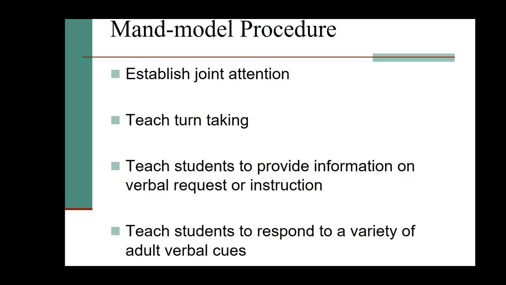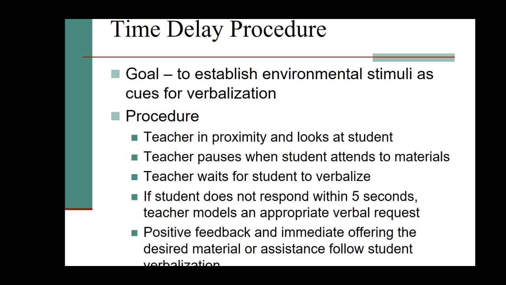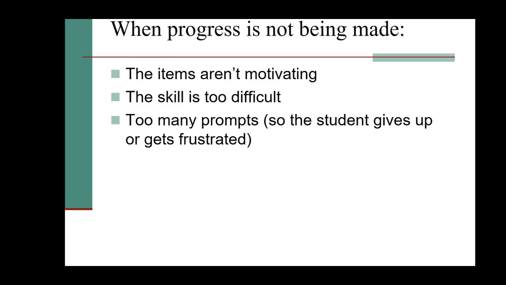So here we look at joint attention, teaching turn taking with the man model, teaching students. There's a whole list of how to do it. Here are the procedures. I'm not going to go through the whole procedures. You can look at those.